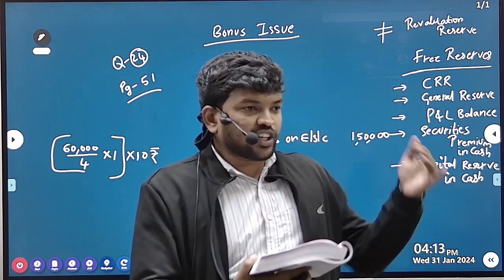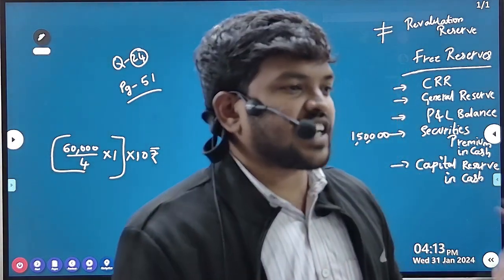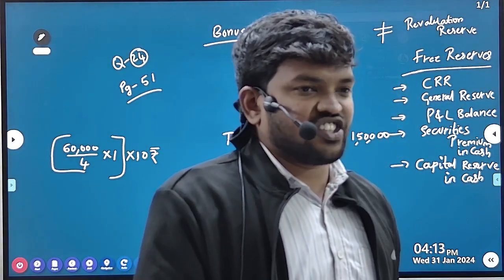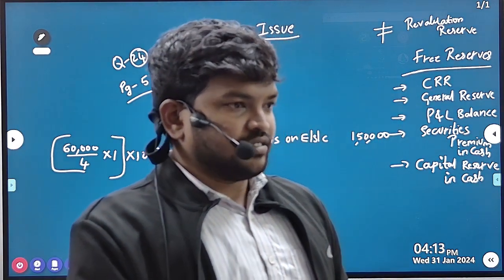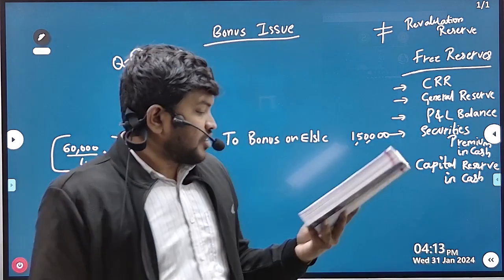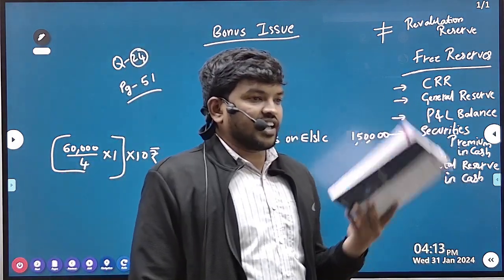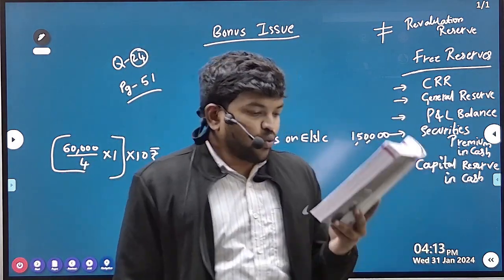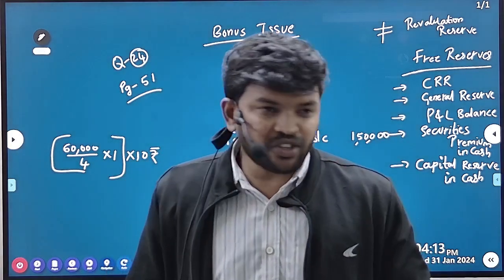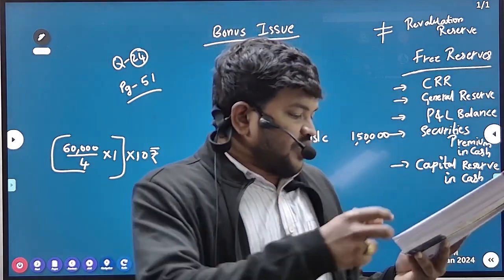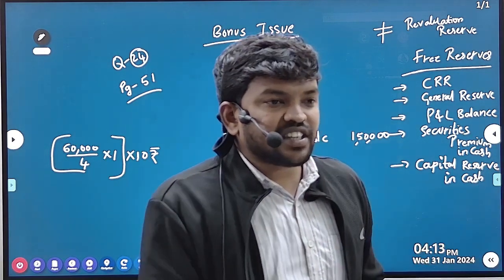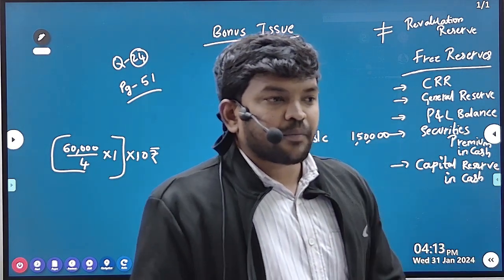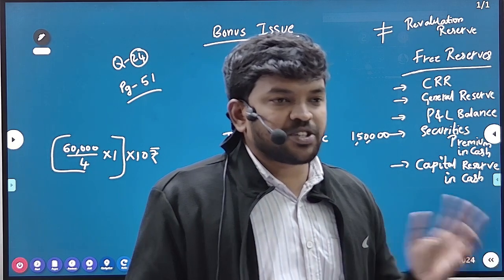Out of 1,12,500, how much is the capital reserve realized in cash? What is the total capital reserve in the trial balance? 1,12,500. Yes or no? Out of this, they mentioned that 37,500 has been received from sale of machinery.